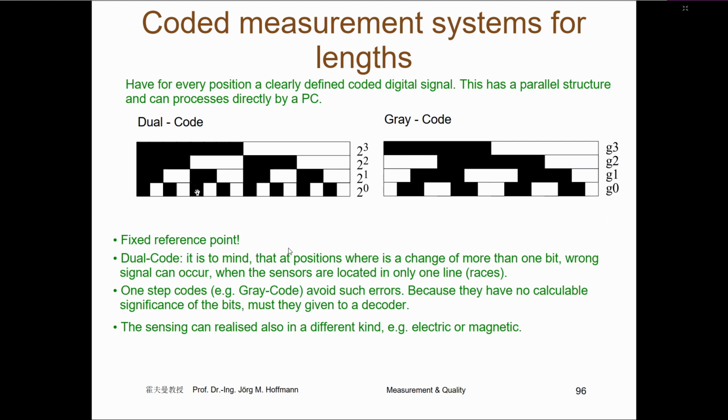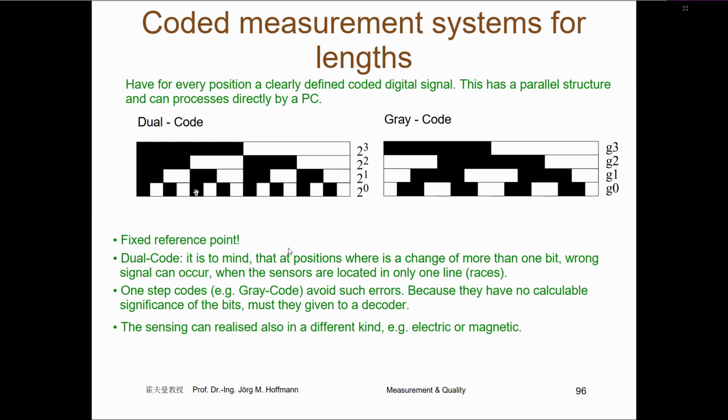because every position is coded. The coded systems are, let me say, more expensive because they are not as simple as the incremental principle. But the coded system has the advantage that they have a clear value for each position.